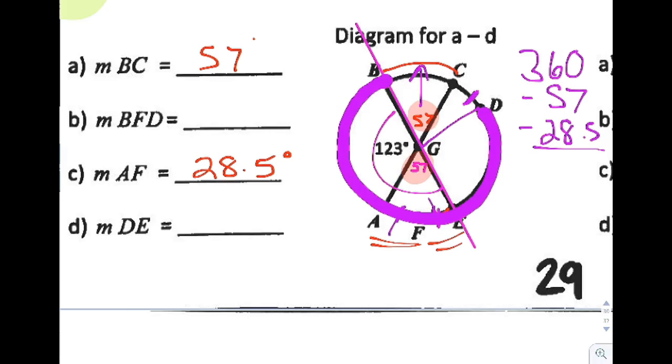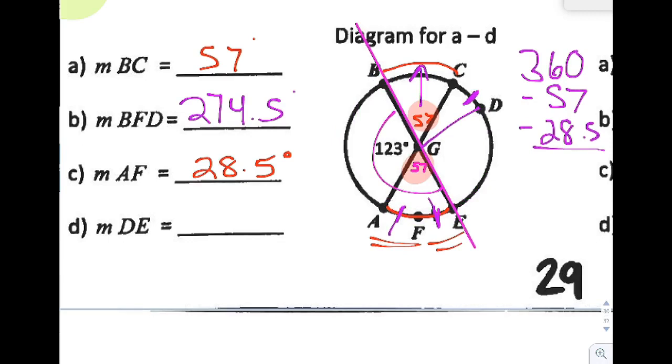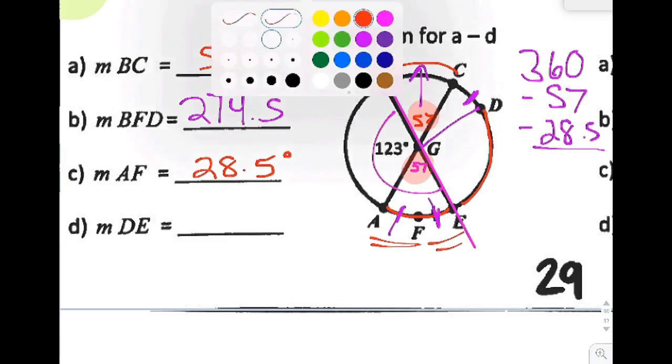So if you take 360 and you take away 57 and 28.5, you have the arc for BFD, which is 274.5 degrees. And mark arc D to E is this arc right here.